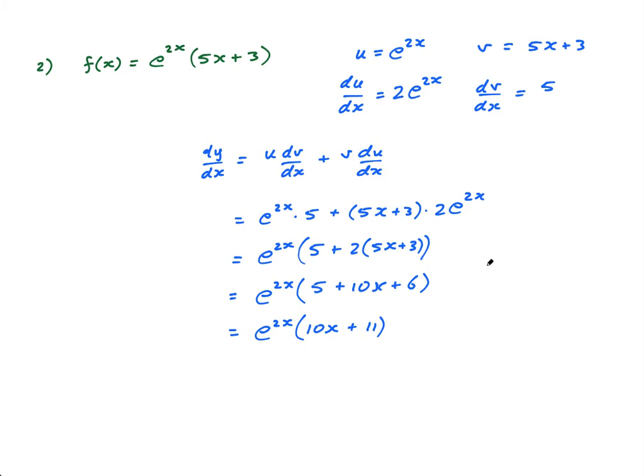So 5 plus 6 is 11. Okay, that's the product rule. Look, I didn't have to bring it down to this form, but I liked it. Why not? It's the most simplified form.